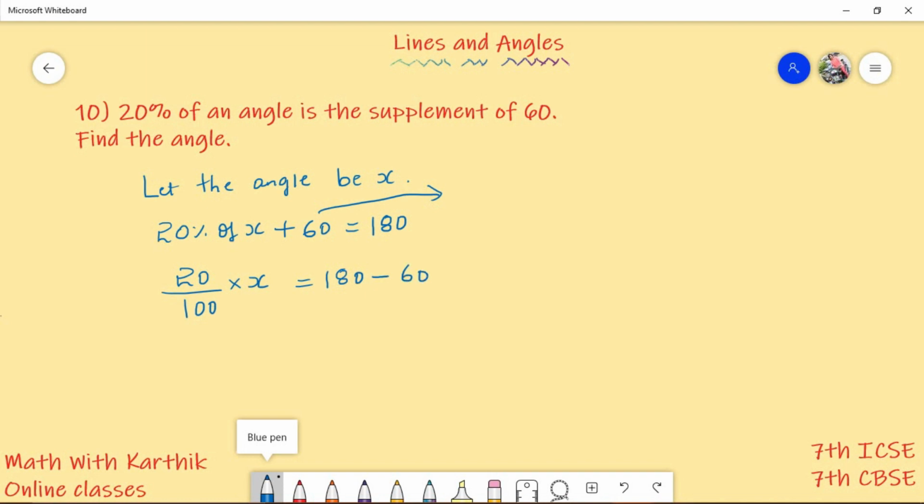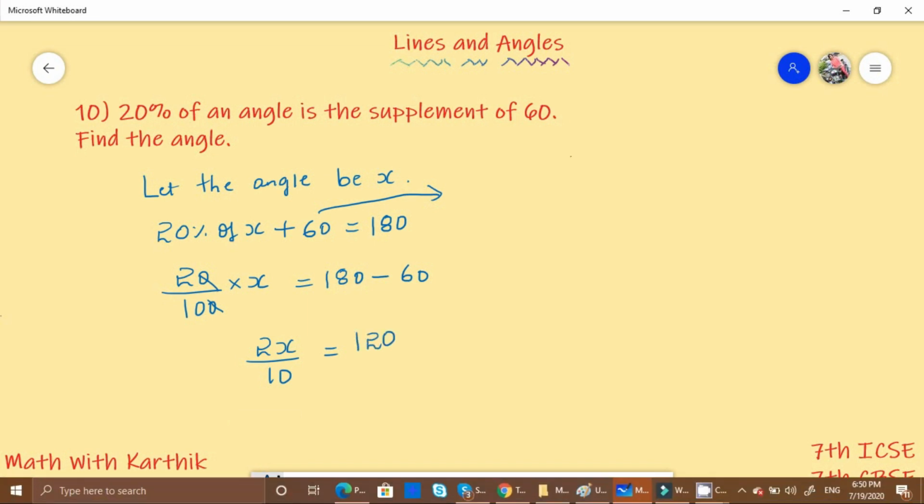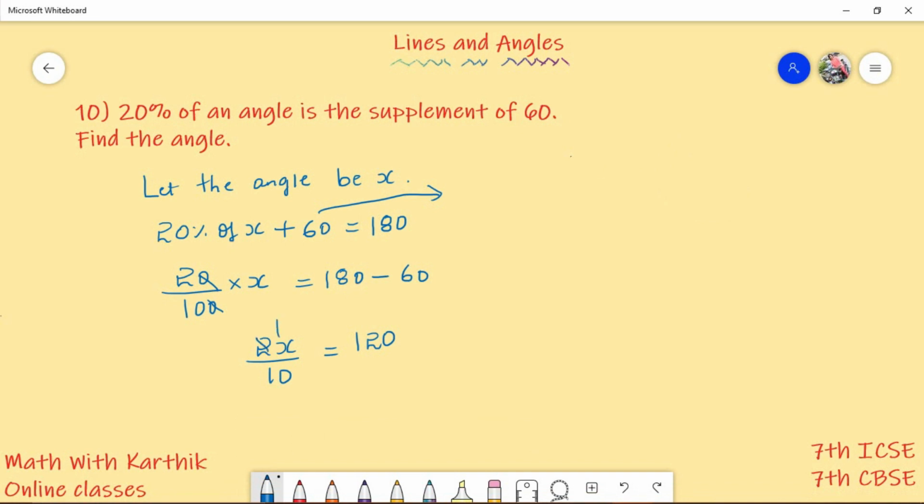So plus, if it goes to the other side, it becomes minus. Now cancel 1 0 with 1 0. So 2x by 10 will be equal to 180 minus 60, that will be 120. Then 2 times 1, 2 times 5. x by 5 is equal to 120. Now cross multiply, x will be equal to 120 into 5. So x will be equal to 600 degree.